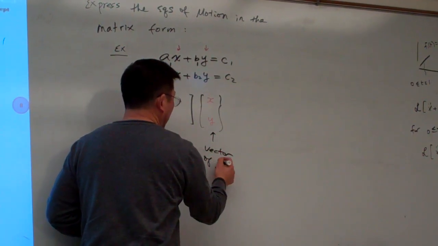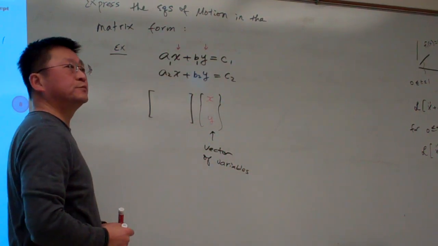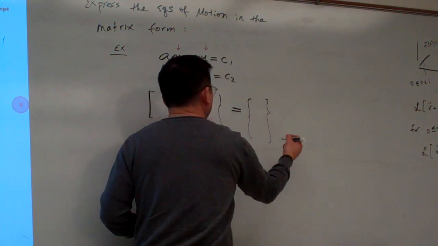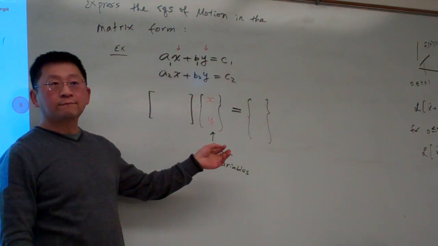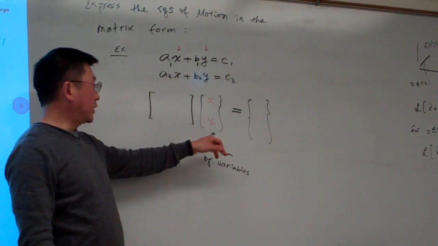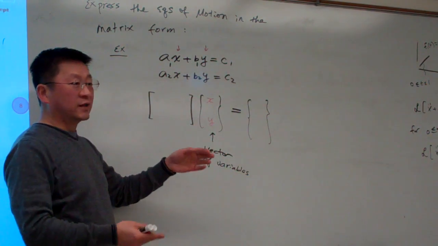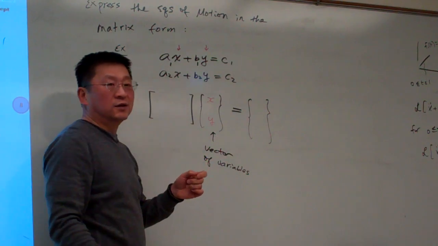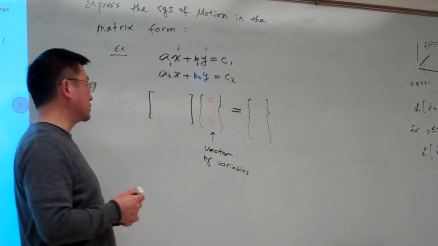The vectors of our variables, okay? So here are the notations I pick up, along with our textbook: we use the angle bracket to indicate a vector, and we use the square bracket to indicate a matrix. Okay, just simple notation.